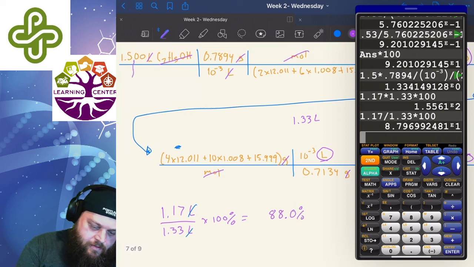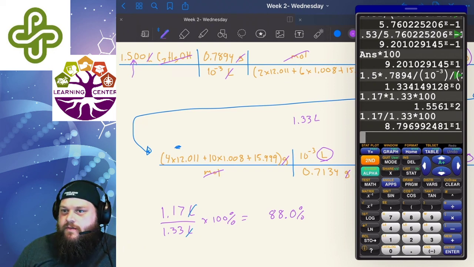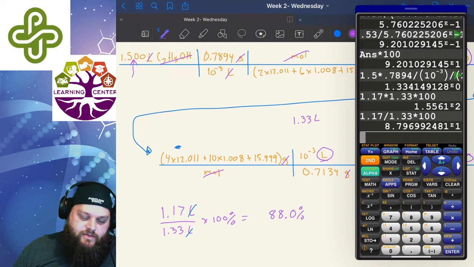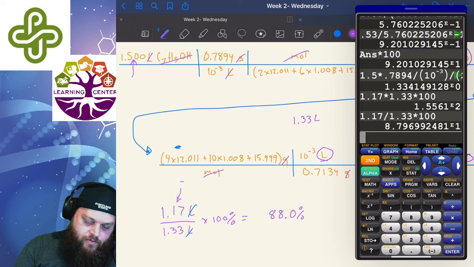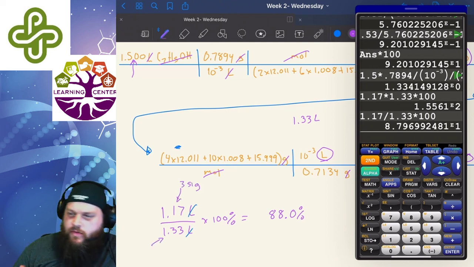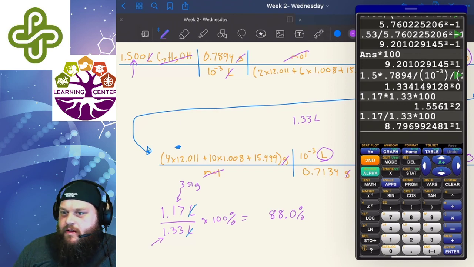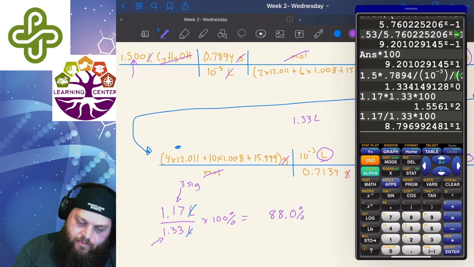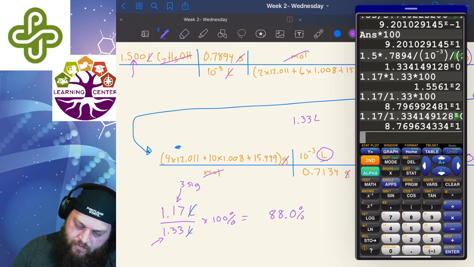Again, this value up here was really to 4 sig figs, that 1.500, but this value was 3 sig figs. So this one on the bottom should really be brought out to 4 sig figs, but ultimately I should be pulling it from my calculator. I didn't. Let's redo that. Divided by that number times 100. Oh, look how much it changes things.